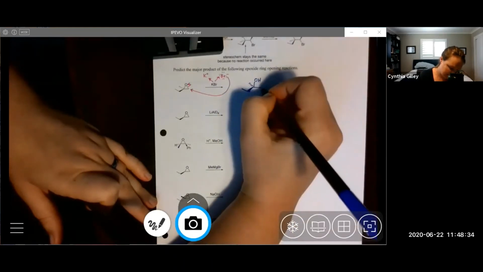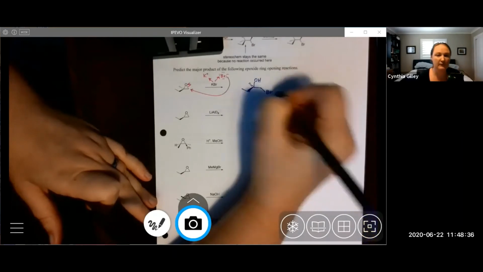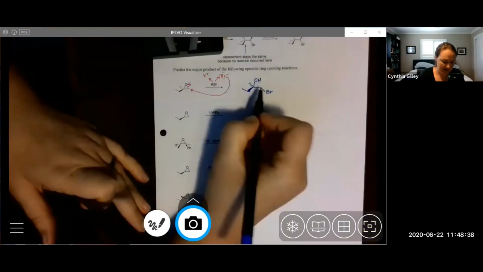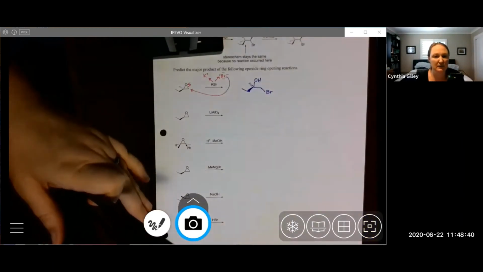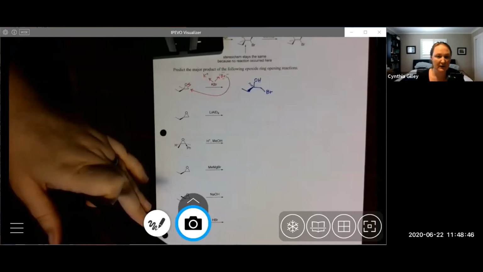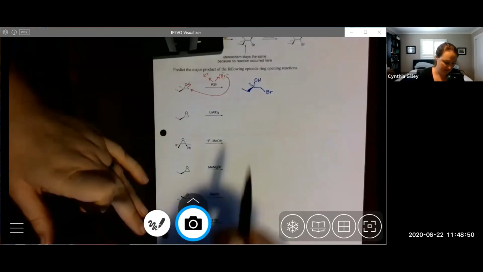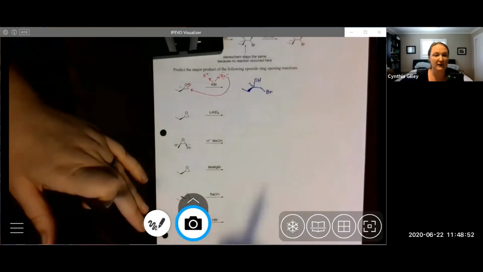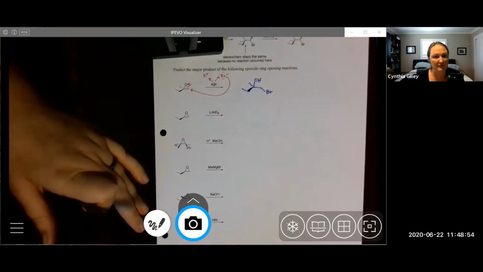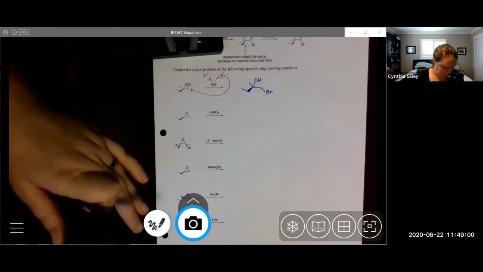Again, this is not a chiral center. Dashes and wedges on that carbon. Okay? And the hydrogen here on the oxygen comes from the workup that he isn't including, but is always occurring in reactions.